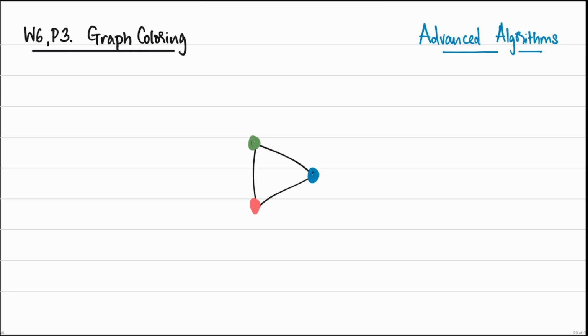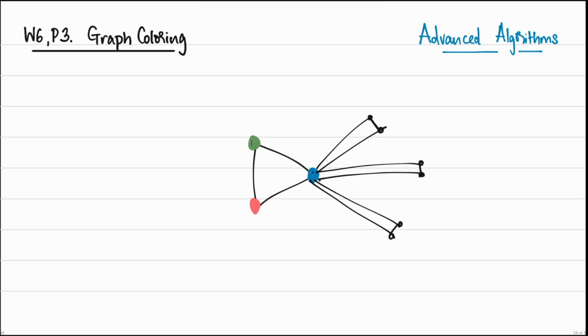And then we had the variable gadgets basically coming out of the true color like that, and that forced each variable to agree: if x is going to be true, then x bar is going to be false, or the other way around, depending on how these vertices were colored.